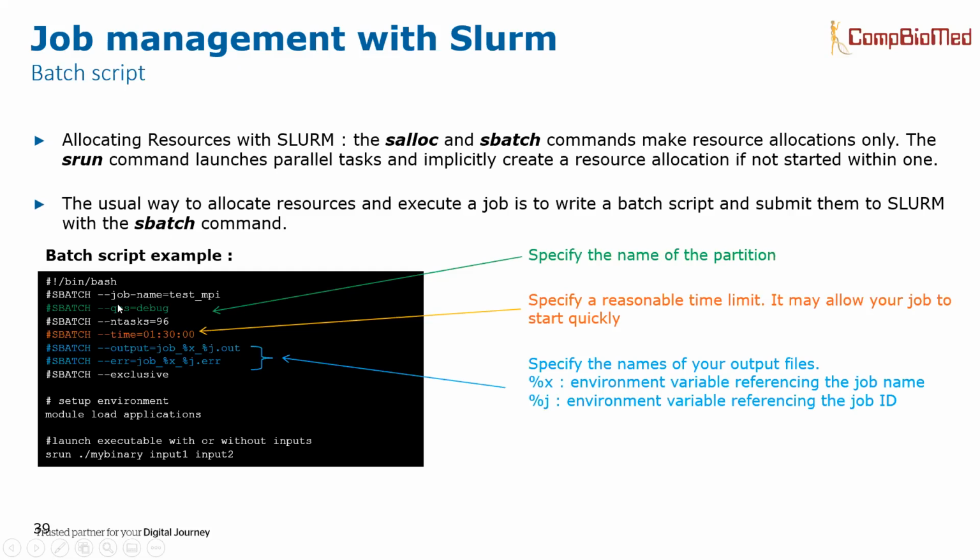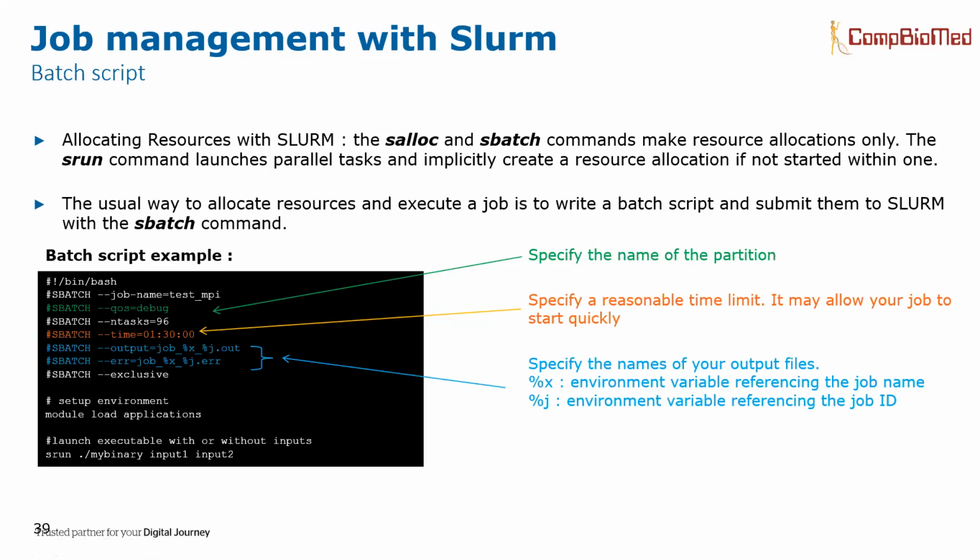For example, you can specify a job name, a special queue that you want, a specific number of tasks or cores, and the time of your computation. Be aware that if your job runs only for 5 minutes, it is important that you do not overestimate this computation time.